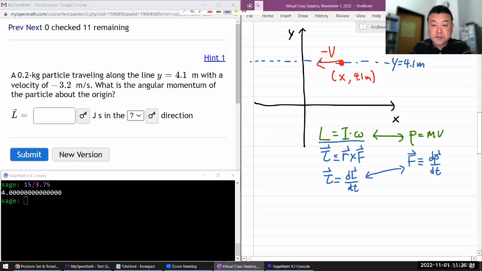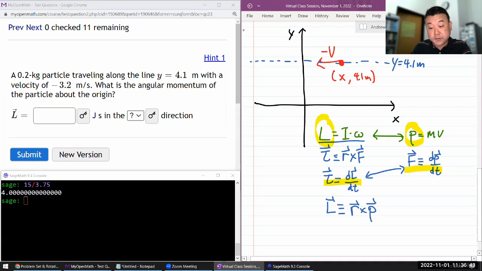And once you have these two relationships, you are constrained in saying how angular momentum relates to momentum. It's this relationship.